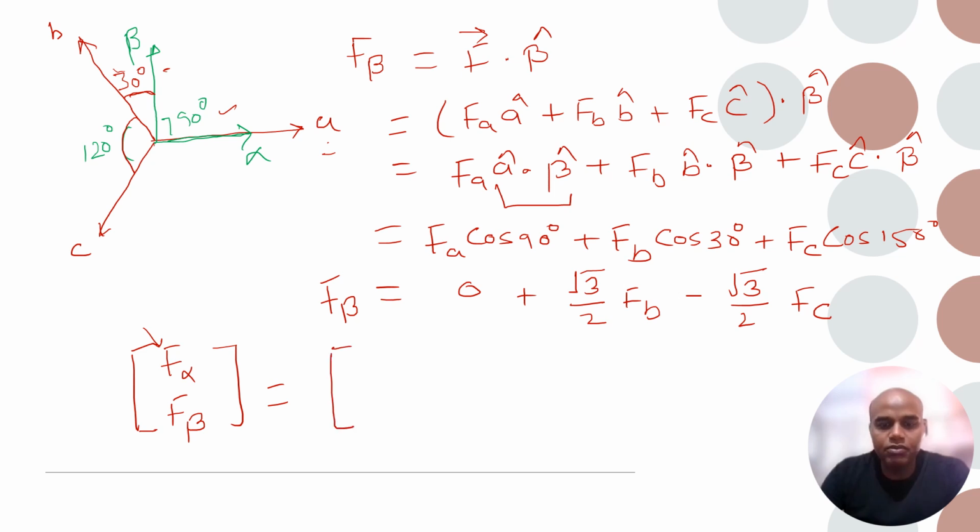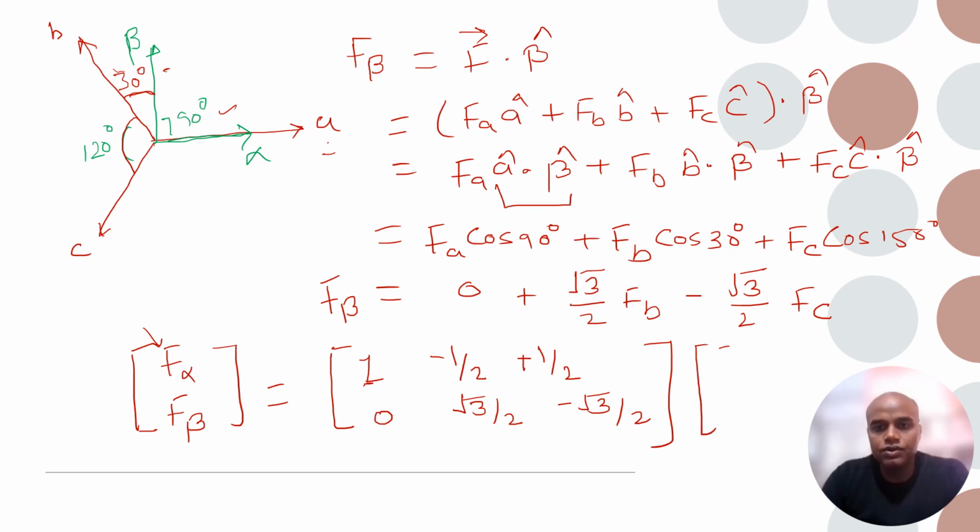It will be equal to 1, minus 1 by 2, minus 1 by 2, and similarly here 0, root 3 by 2 and minus root 3 by 2, into Fa, Fb, and Fc.